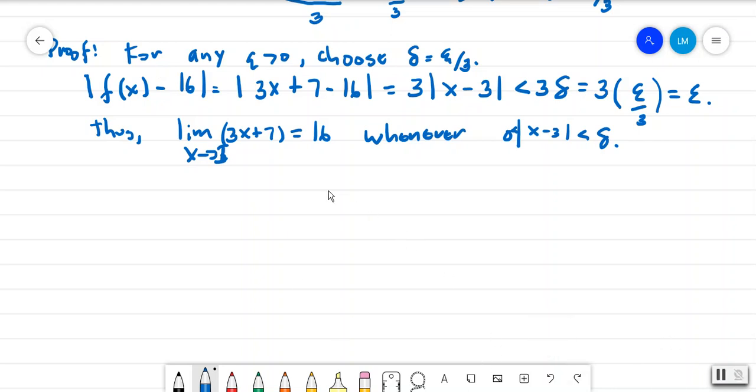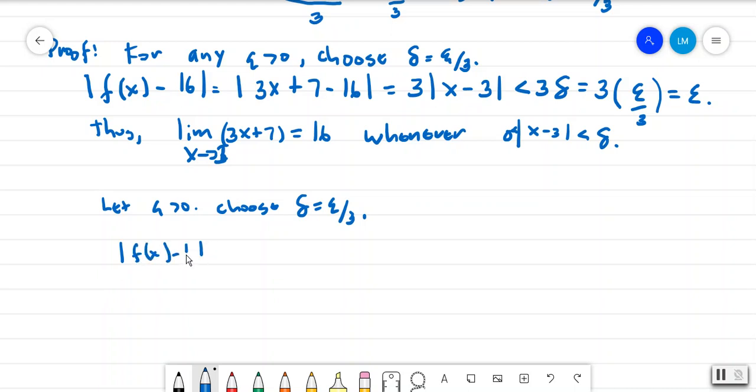One of the variations of the proof is that you could just say let epsilon be greater than 0, choose delta to equal epsilon over 3. What this means is that you have f of x minus 16.